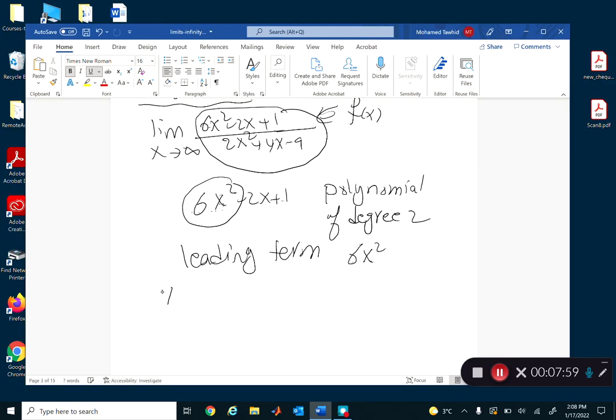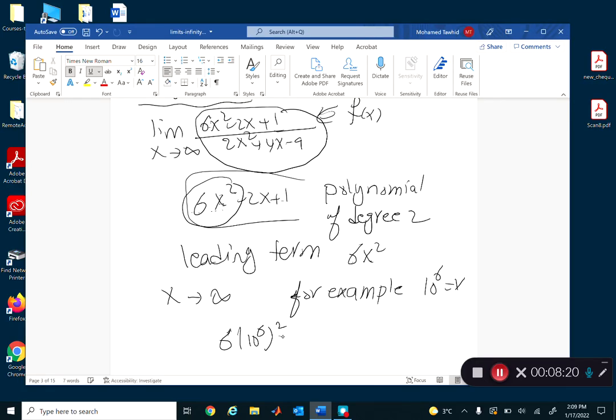When I say x goes to plus infinity, for example, if I take x equal to 1 million, what happens for this term? This term will be 6x squared, which is 1 million squared, minus 2 times 1 million, plus 1.